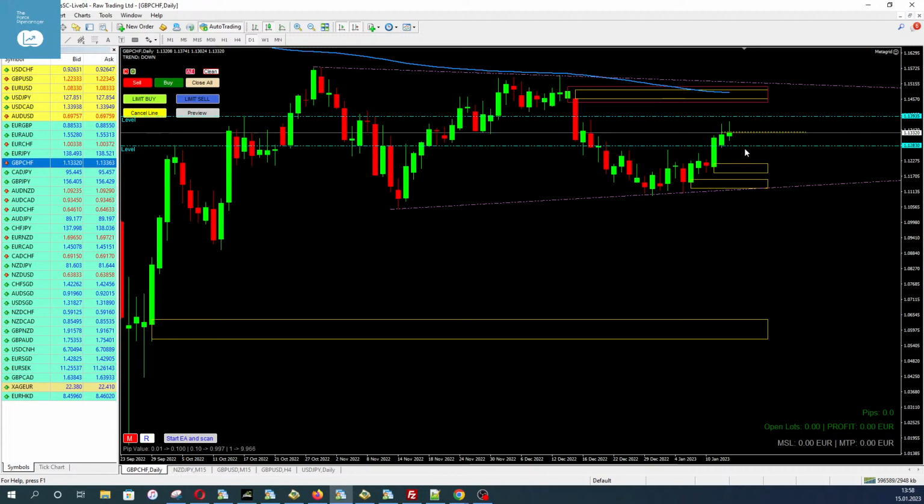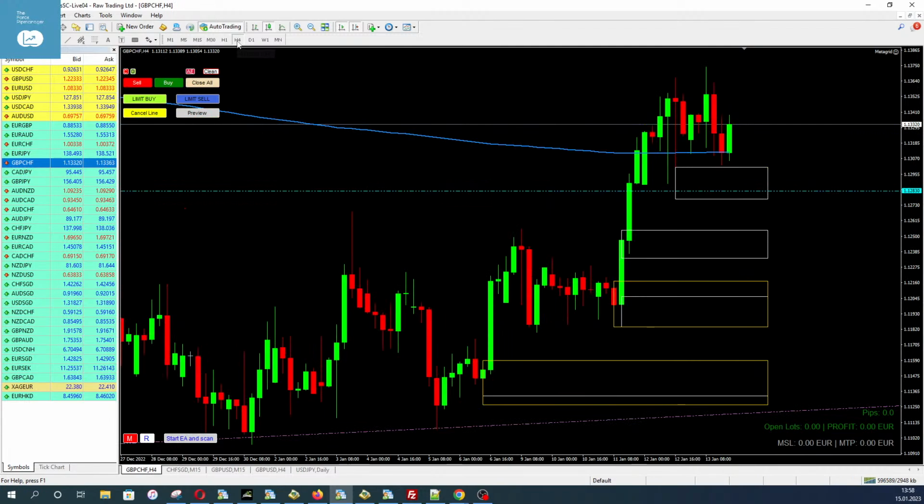And downwards we have two demand zones from the H4 time frame. If we go to this time frame, the H4, then we can see more demand zones. If we go lower on H4, I have the settings of my supply and demand indicator so that it automatically shows the supply and demand zones based on which time frame I'm on.